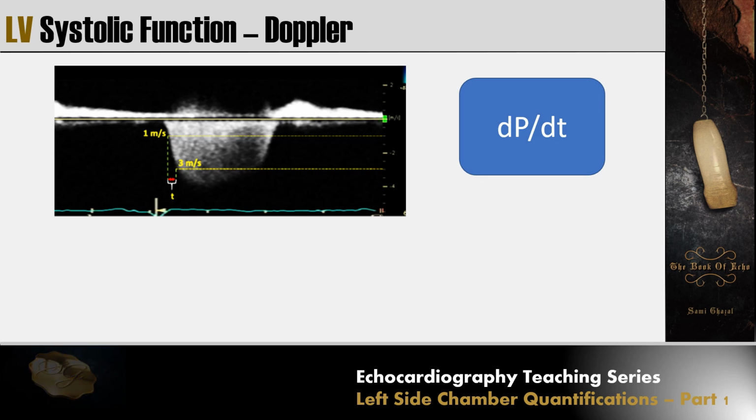First, we need to know how it's measured. It is measured from the mitral regurgitation flow. So this here is MR, mitral regurgitation. This is a CW over the mitral regurgitation flow at a high sweep velocity, so we can measure it accurately with less error.